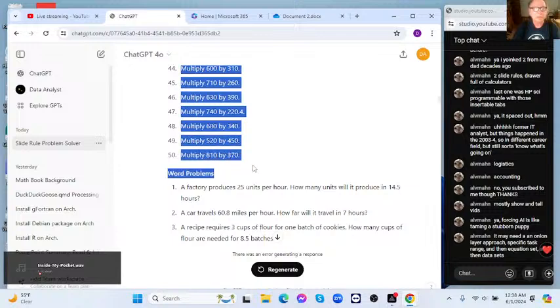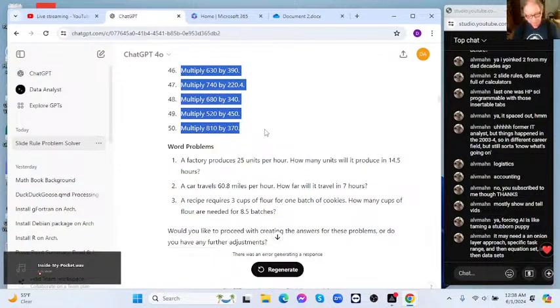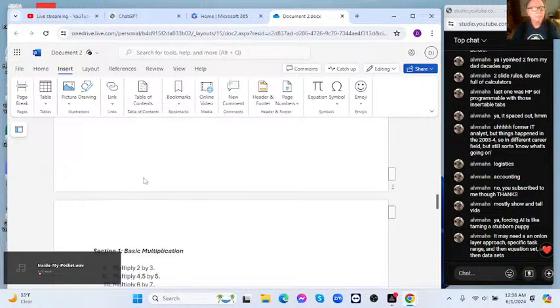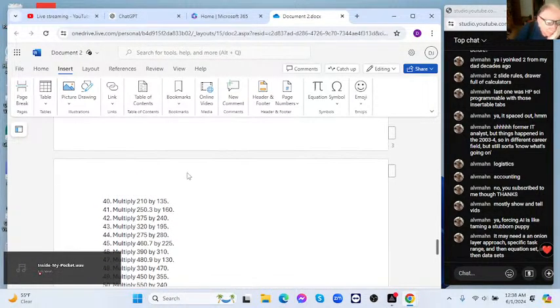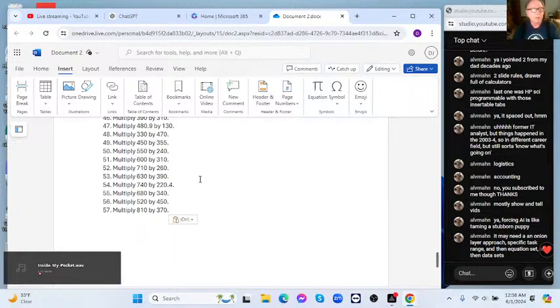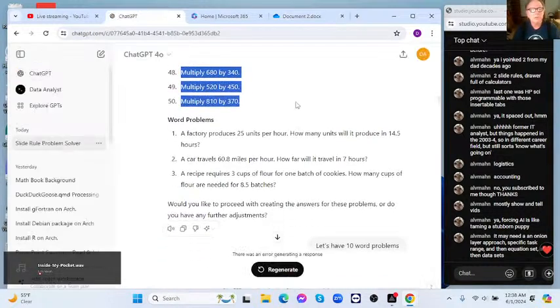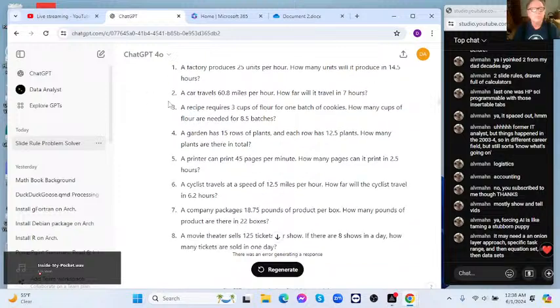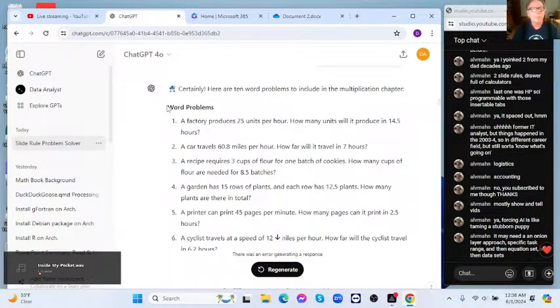Advanced problems, yes, that's right. I could have just put the slash in there, I suppose. It's not very well formatted, of course. So now we're going to add in our 10 word problems.